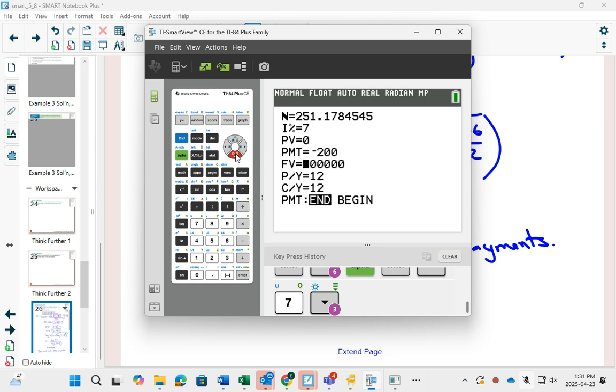Like $1,000 more? $10,000 more? They're still putting the same $200 away. They just got 1 tiny percent more than you. So I can go to the future value and I can hit the alpha solve, because now I'm curious, what would they get? Alpha solve, $113,000, $13,000 more just because they got 1% more.